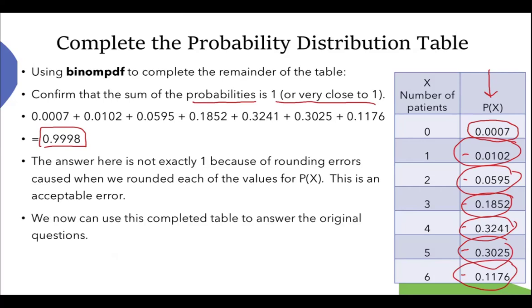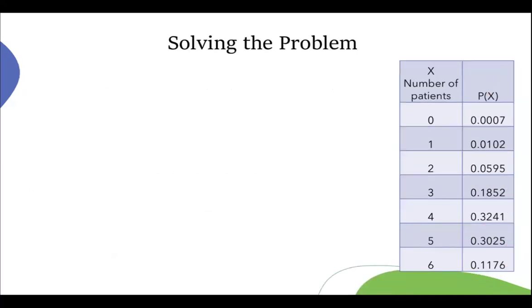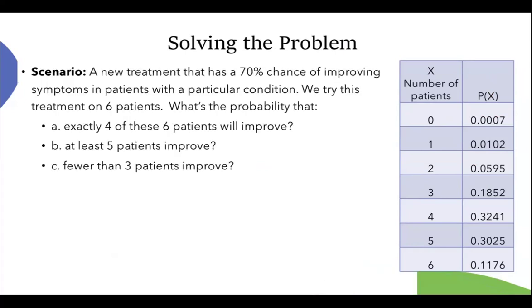So now let's go back to the original questions and see if we can answer them using this completed table. This table now is our answer key. So the first question said, what is the probability that exactly 4 of 6 patients will improve?